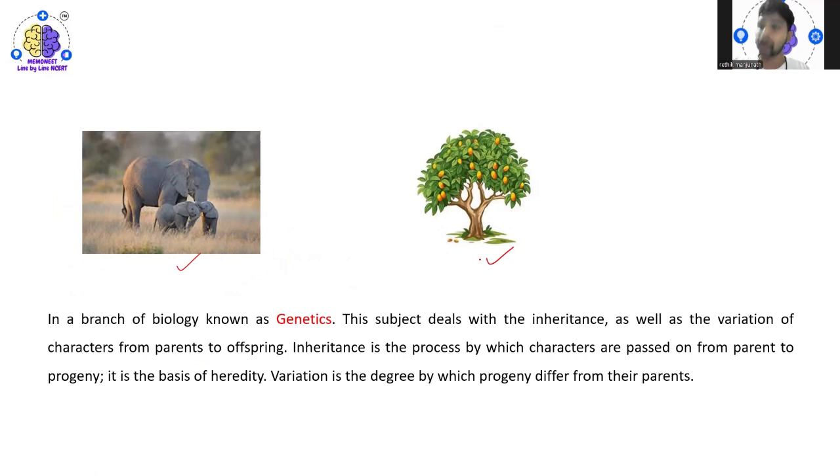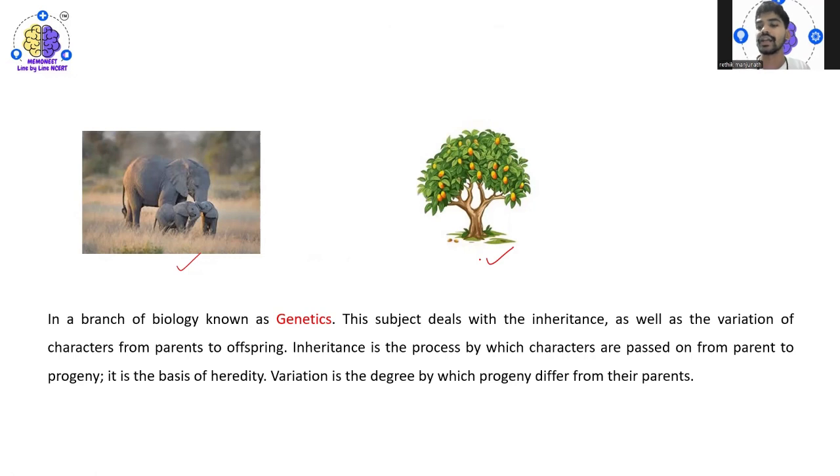Offspring are either identical to their parents, or they may show some variation. Like you have seen your siblings sometimes look very similar to each other, or sometimes even different, and very similar when it comes to twins, right?